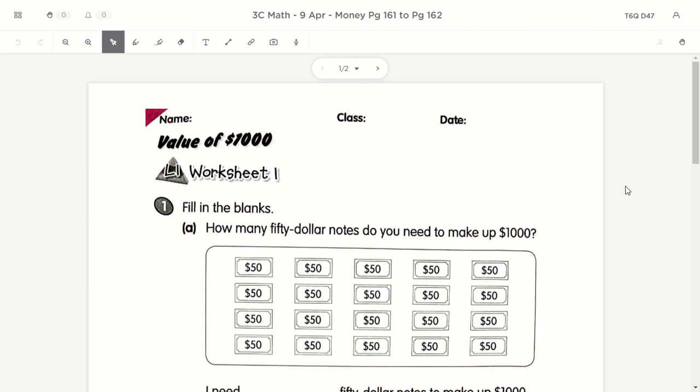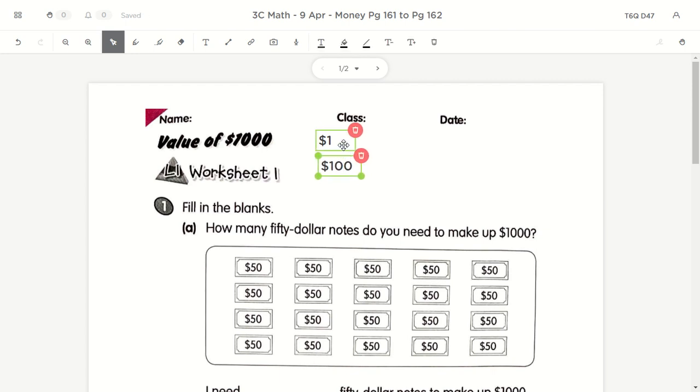So let's look at how much $1,000 is compared to all the other values of money that we have learned before. From the start, in P1 or P2, we begin with $1 or coins adding up to $1. So that's very simple. After that, we move on perhaps to the value of $100. First we learn about $1 using coins, and after that using notes to make up to $100.